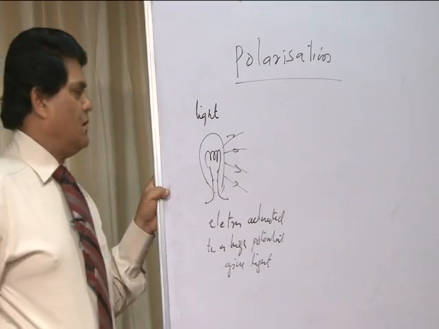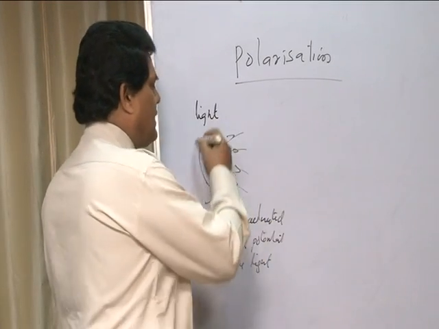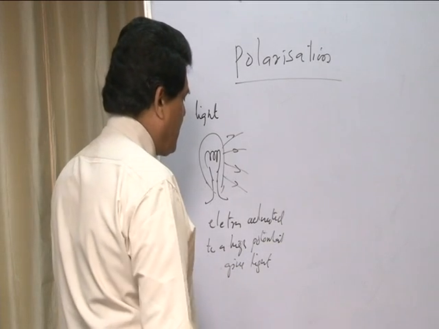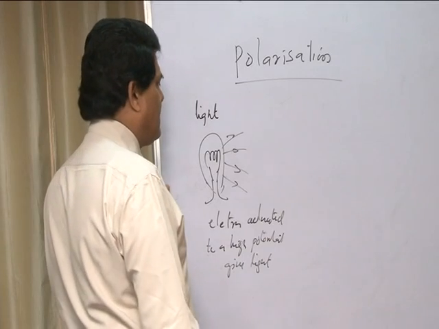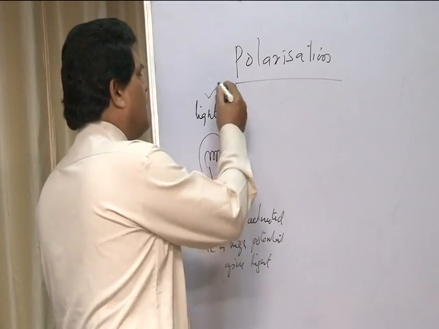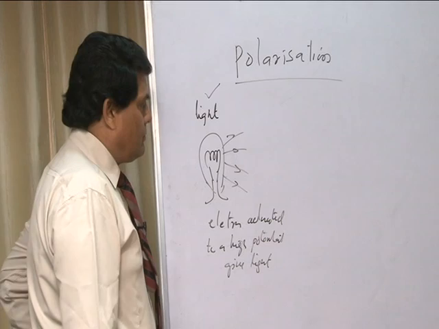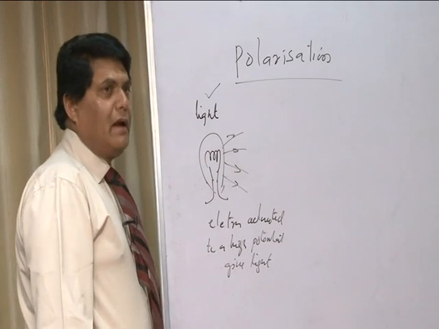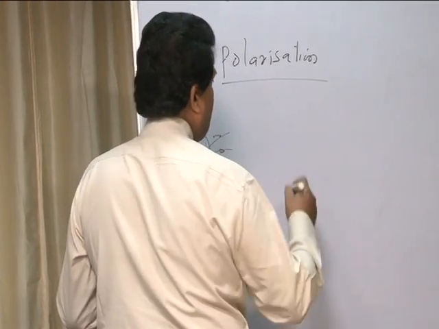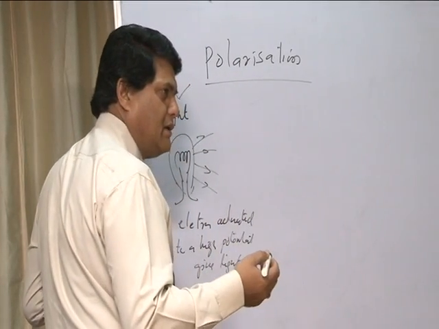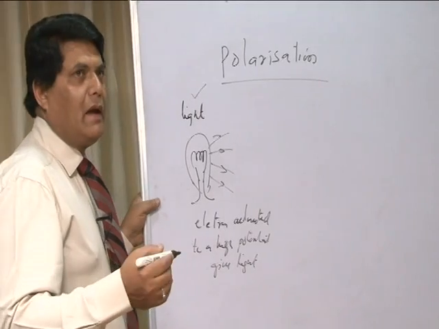That means as the electrons get accelerated in a potential barrier, it emits energy. That energy we call light. Now, light is electromagnetic in nature. So that is, it has the property of electricity as well as magnetism.